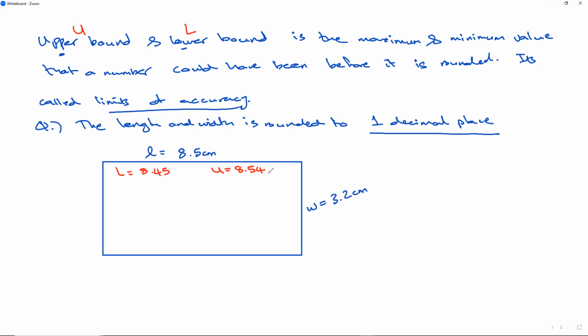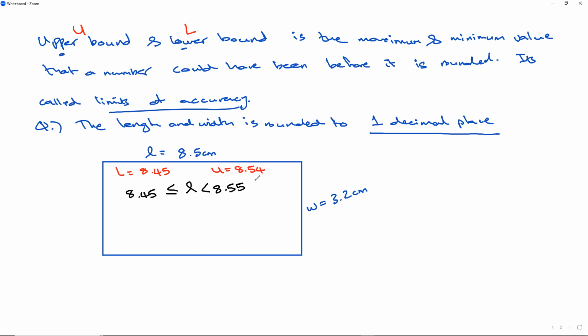So I could actually write this as an inequality. And this inequality would look like this. The length can be greater than or equal to 8.45, up to any number below 8.55, excluding 8.55.